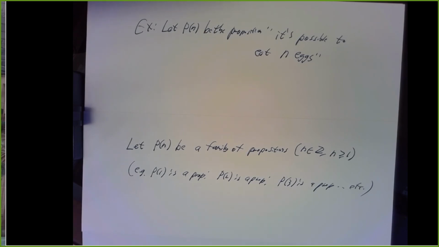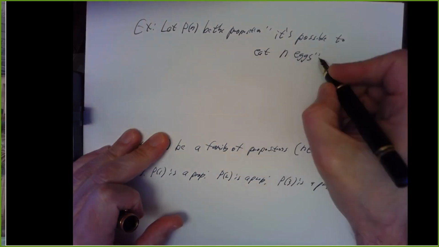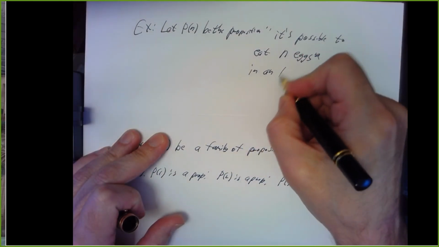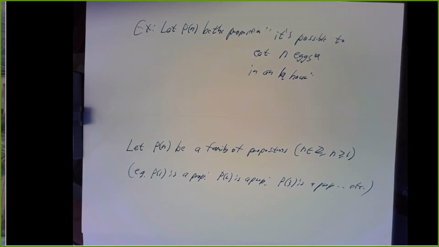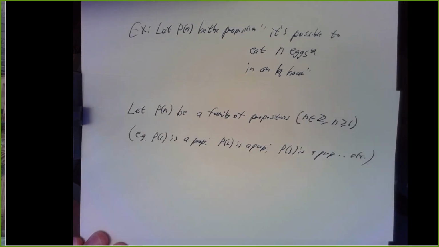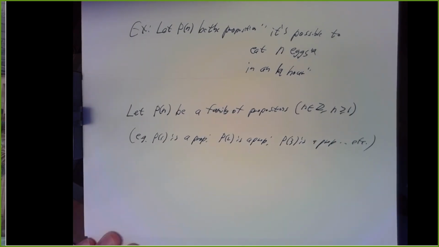P of 1 is a proposition, it is possible to eat 1 egg. Let's say in an hour. P of 5 is the proposition, it's possible to eat 5 eggs in an hour. Alright, it's a family of propositions. As long as n is bigger than or equal to 1, P of n is a proposition. P of 50 is the proposition it's possible to eat 50 eggs in an hour. Alright, everybody clear?